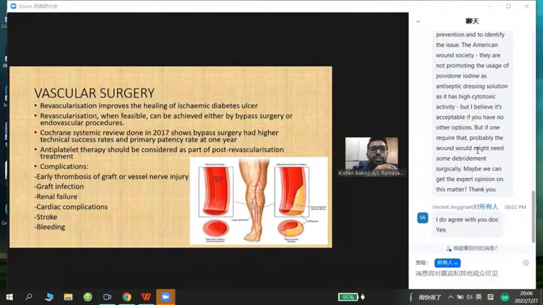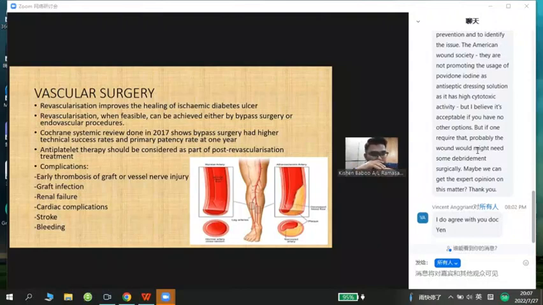The complications can be early thrombosis of the graft or vessel, nerve injury, graft infection, renal failure, cardiac complications, stroke, and bleeding. Before, when I was talking about assessment of your vascular insufficiency, vascular surgery is one of the best ways to revascularize the limb. However, most of the patients are chronically ill and have multiple comorbidities.